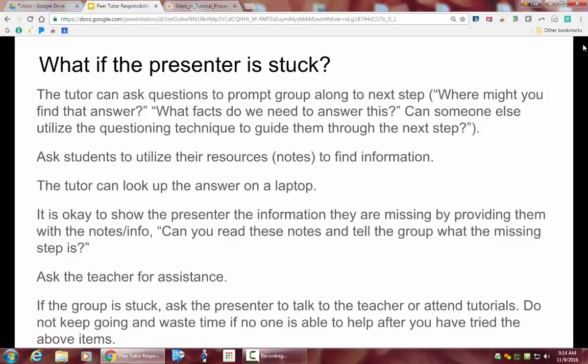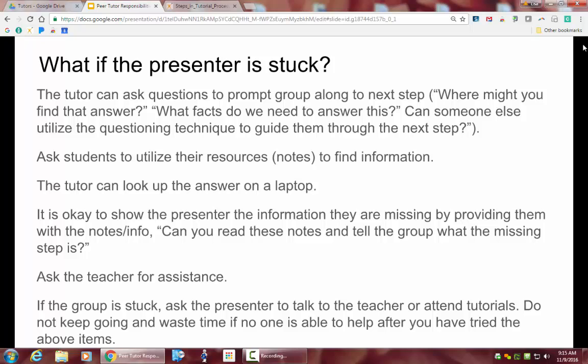You can also ask the teacher for assistance, and if all else fails and no one is able to answer these questions in a reasonable amount of time, then you're going to ask the presenter to take their notes, take their point of confusion, and bring that to the actual content area teacher for tutorials in order to get that question answered.